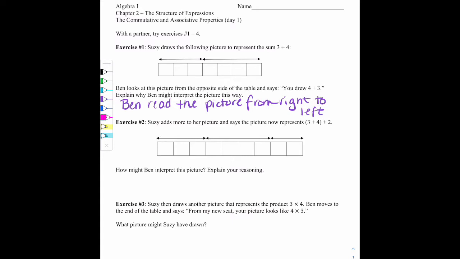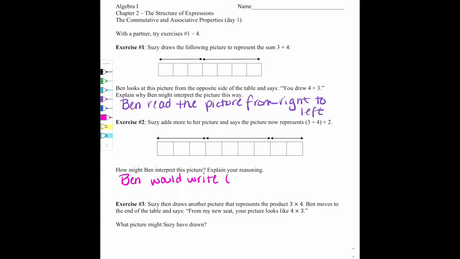In exercise 2, Susie adds more to her picture and says the picture now represents 3 plus 4, in parentheses, then plus 2. How might Ben then interpret this picture? Explain your reasoning. So we know he's on the other side, so Ben would write, now you have to think about this from his perspective, like we know he's standing on the other side from exercise 1.